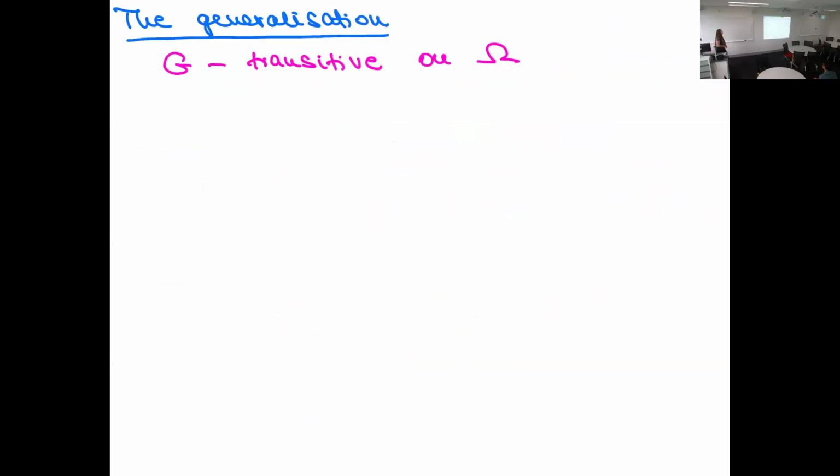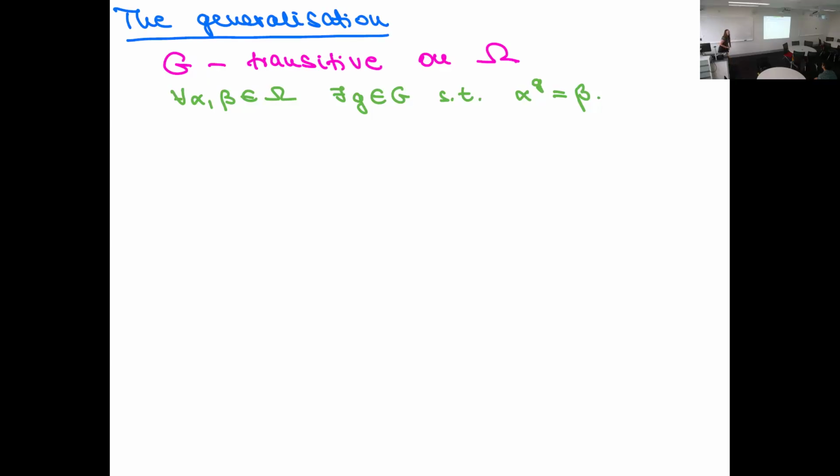So in fact, I would like to generalize it to transitive permutation groups, where transitive means that for any 2 points in omega, that's where, so omega is the set that we're permuting. You can think of it as 1 to n, or you can think of it in a more abstract way. And then transitivity means that for any 2 points, you can find an element that sends one of them to the other.